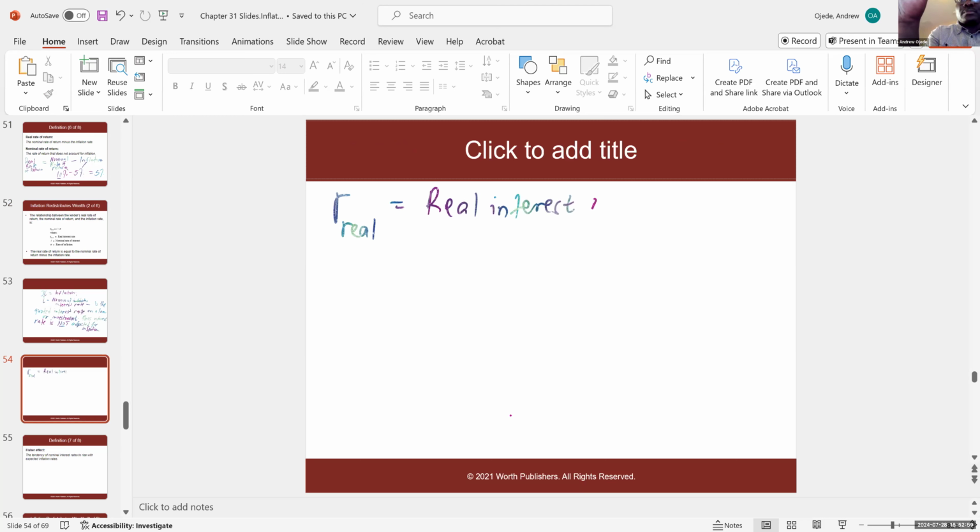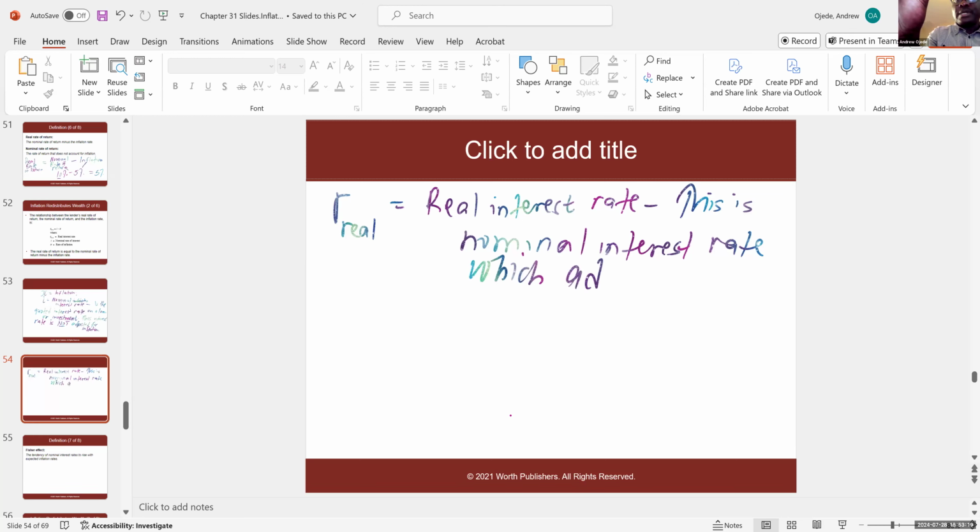This is the nominal interest rate after it adjusts for inflation. So you can call it the inflation adjusted interest rate. So that means the formula is very easy. The real interest rate is given as you take the nominal interest rate, which is I, minus inflation.